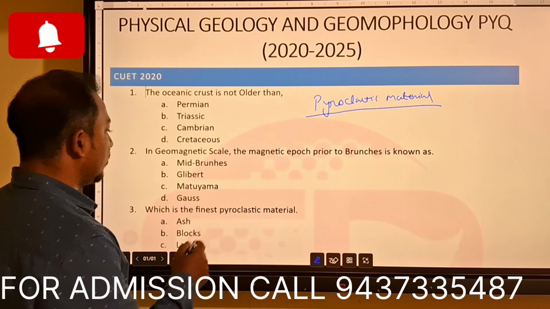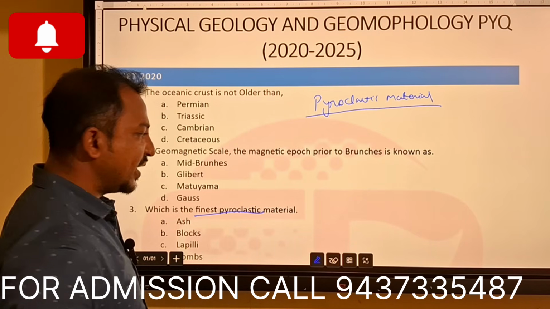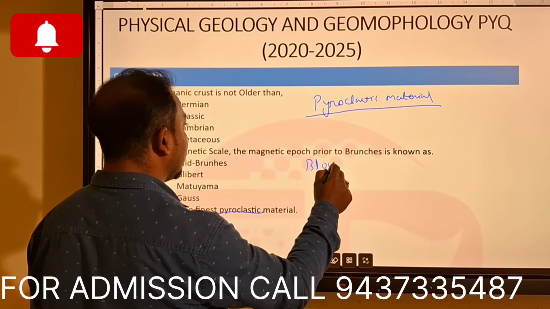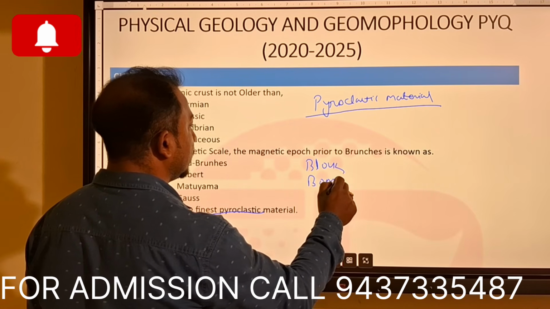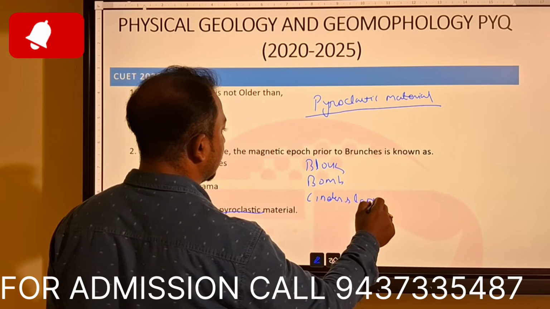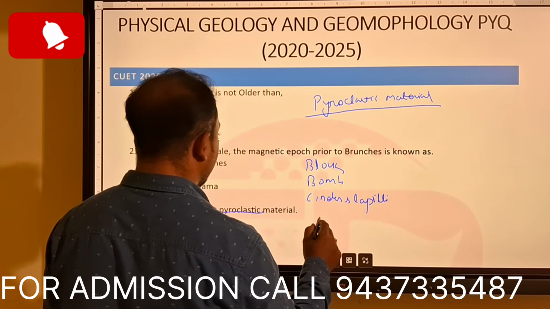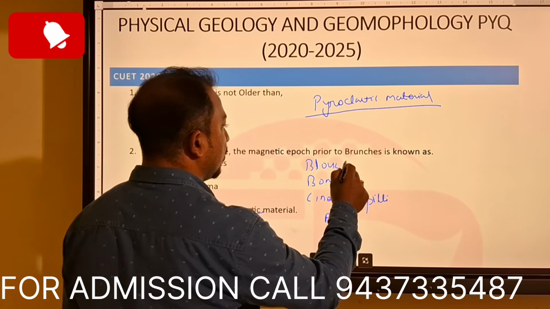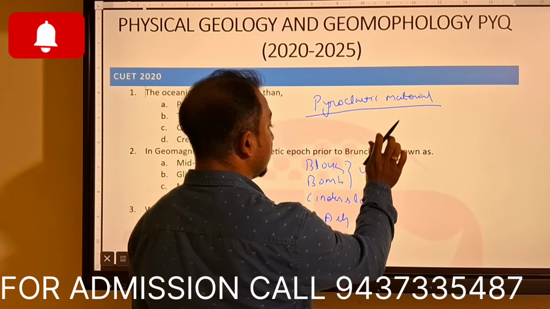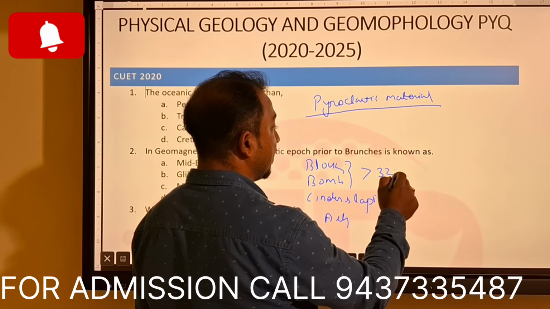So it is asked which is the finest pyroclastic material. In pyroclastic material we have volcanic block, bomb, then cinder, lapilli, then we have ash. Block and bomb are of the same size, greater than 32 mm.